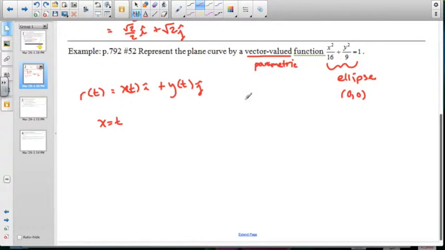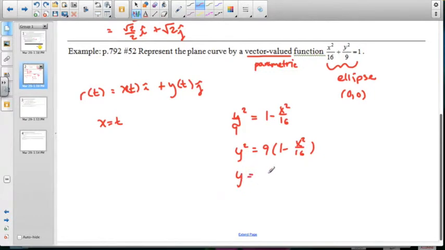And so solving this for y then means bringing this to the other side. So we end up having y squared over 9 equals 1 minus x squared over 16. We'll multiply through by 9 and take the square root.